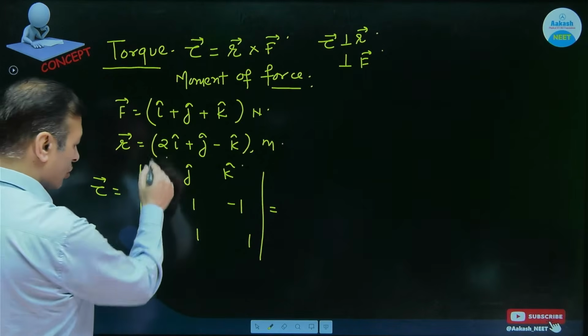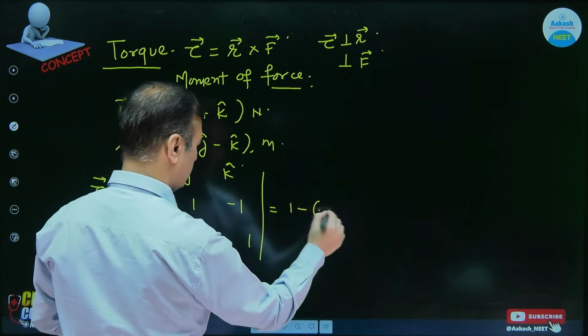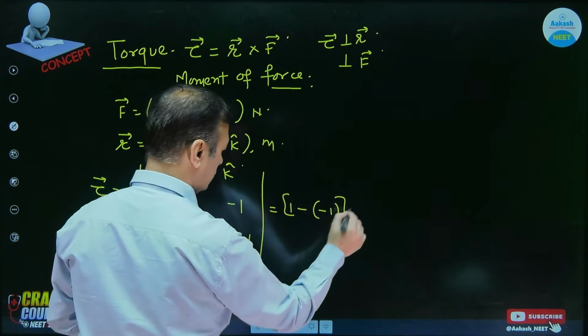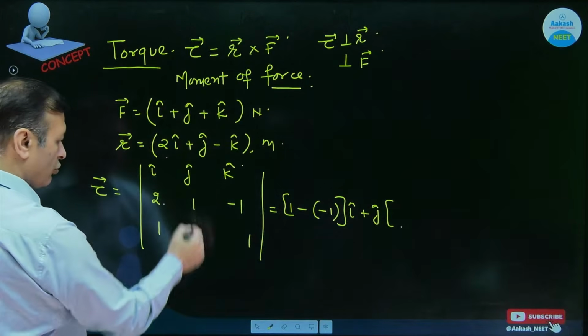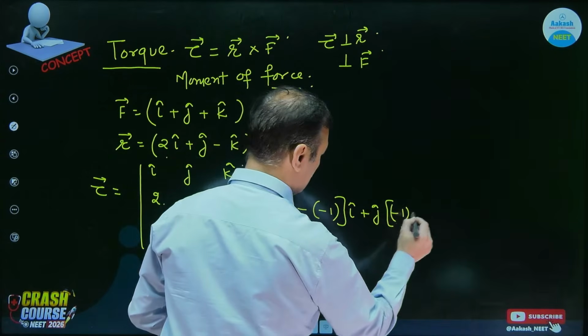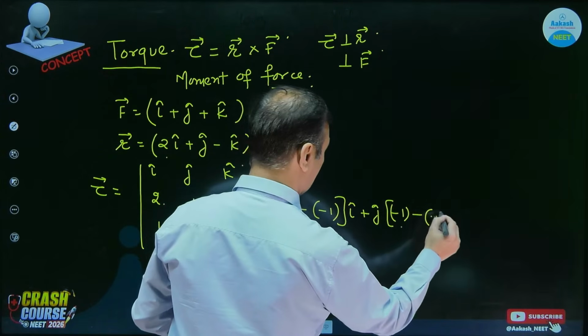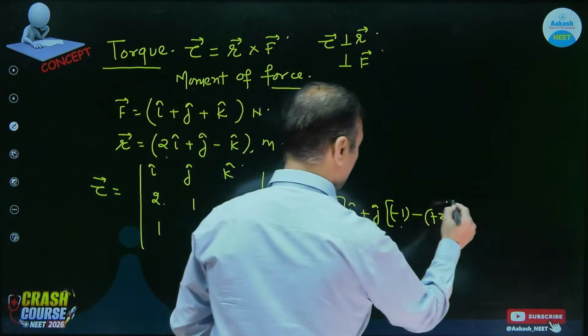So simply you drop this column and this one. So this is 1 minus minus 1, so this is x cap plus j cap. You drop this one, so this is minus 1 minus 2, minus 1 and 2.